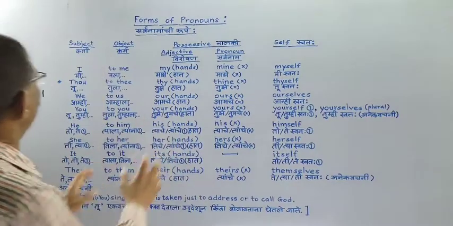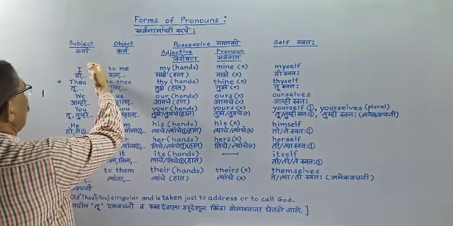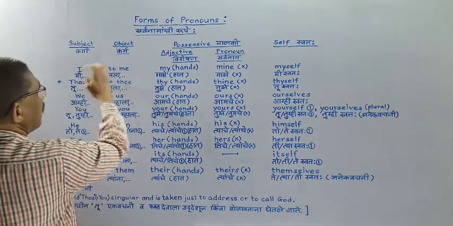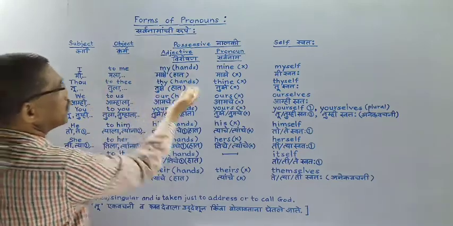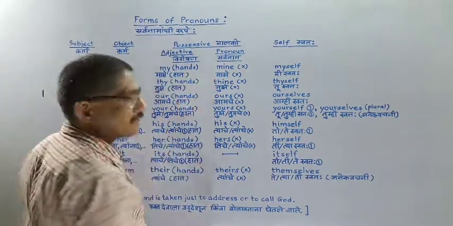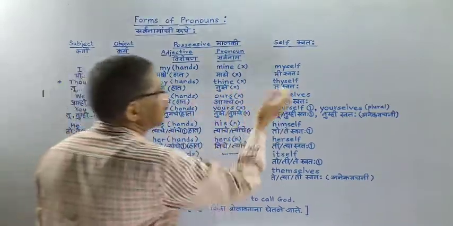Now there is some rhyme in these two rows. I to me, thou to thee, I, my hands, thou, thy hands, I, mine, thou, thine, I, myself, thou, thyself.